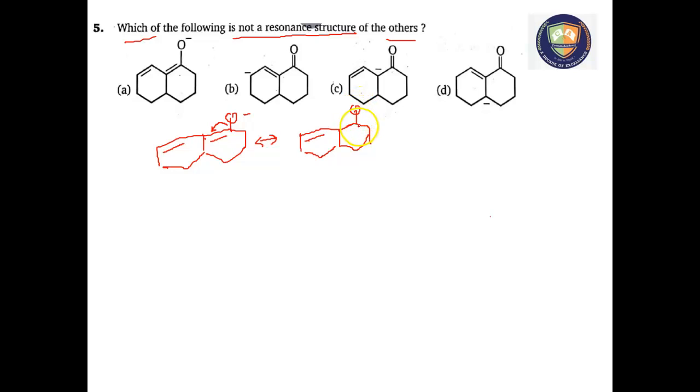Here this carbon has a positive charge, and oxygen was having a negative charge. Since the electron pair has been shifted to this carbon, it will be negative on this side. After this, what can we write? Like this.